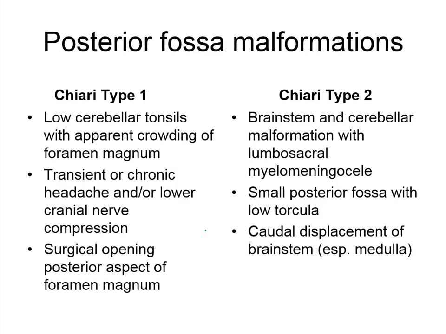People often present with headaches and eventually get worked up or found to have it and can get referred for neurosurgical intervention. Chiari 2 malformation. They usually don't have risk of sudden death.